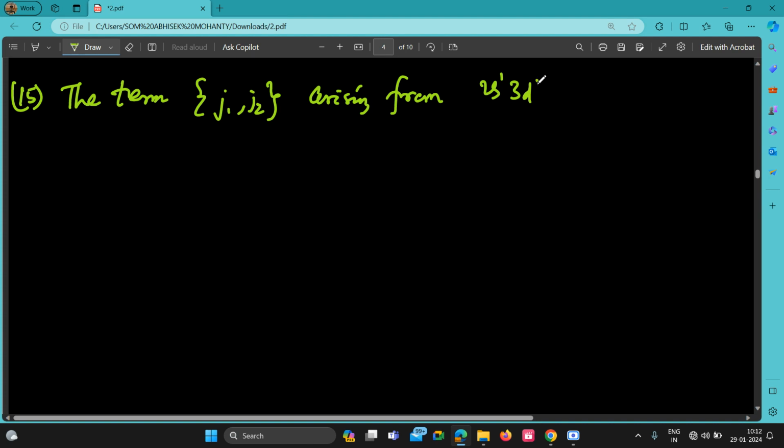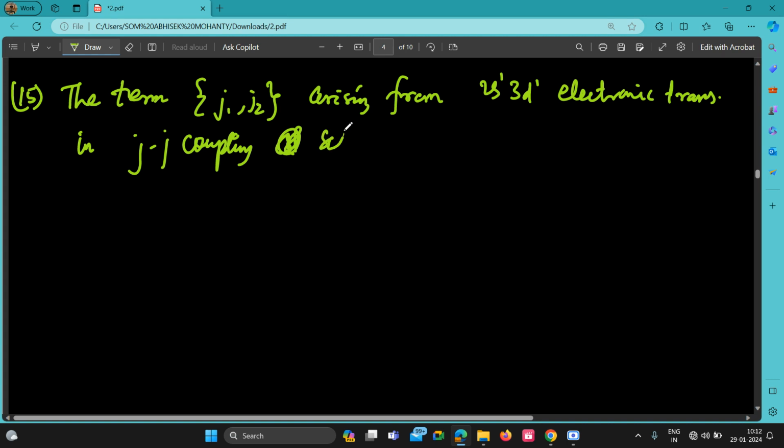The term J1, J2 arising from 2s1 3d1 electron transition in JJ coupling scheme is. Okay.